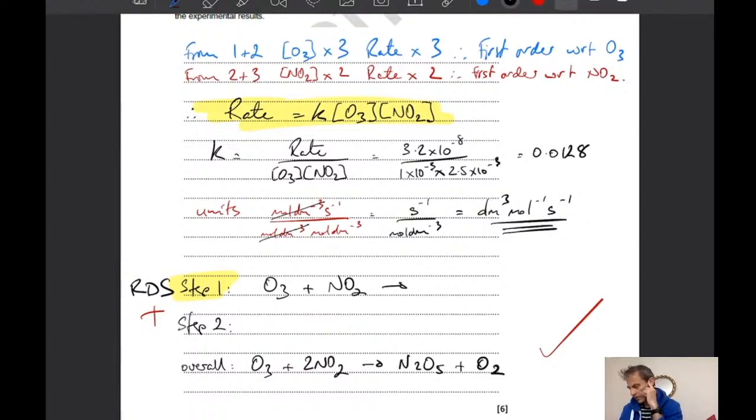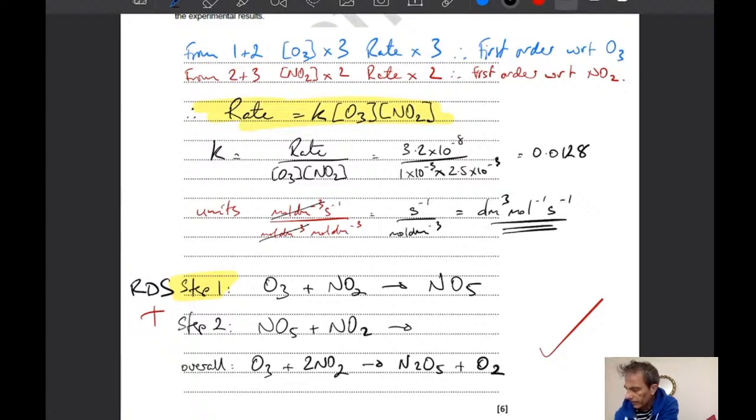What the other person did was they took the O3 and the NO2 and they made NO5. They just added everything together. And then obviously NO5 does not appear in the final equation, so they made it a reactant of step 2, and they brought in the second NO2 that they needed.